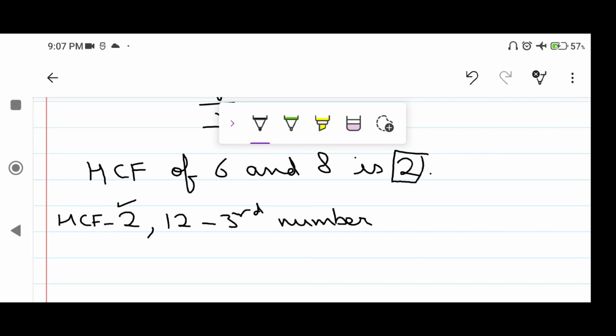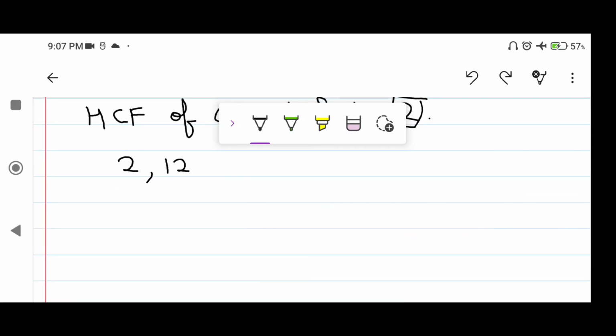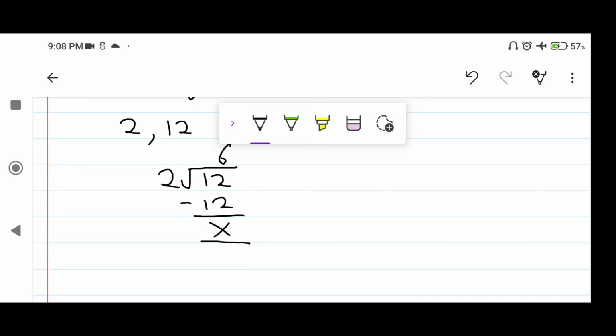So we will use these now as the new numbers, 2 and 12. The greater number is 12, we make it the dividend, and the smaller number is 2, we make it the divisor. So it is very simple. 2 6s are 12 and in the very first step we get the remainder 0. So 2 is the HCF of 2 and 12 because there is remainder 0 now.